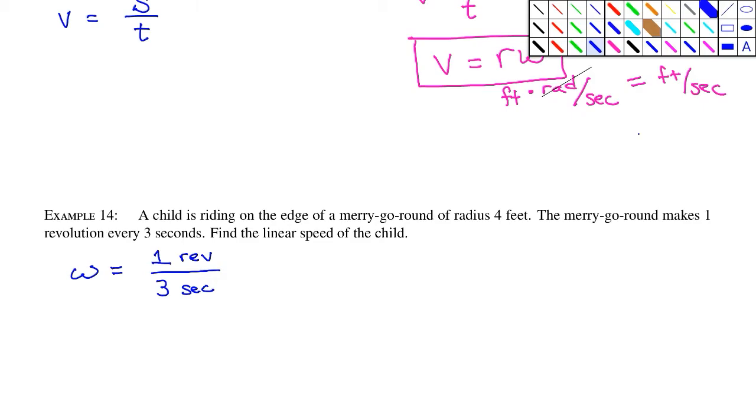I need to turn revolutions into radians. So the conversion between radians and revolutions is that there's 2 pi radians per revolution. And this gives me 2 pi over 3 radians per second.